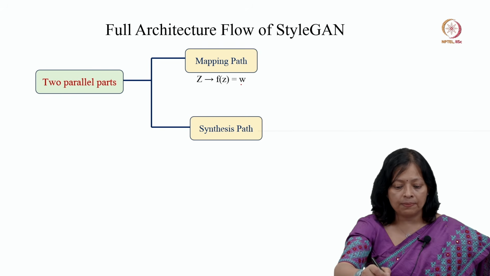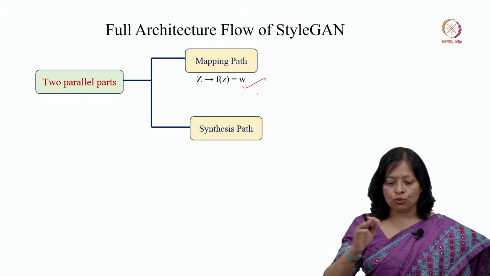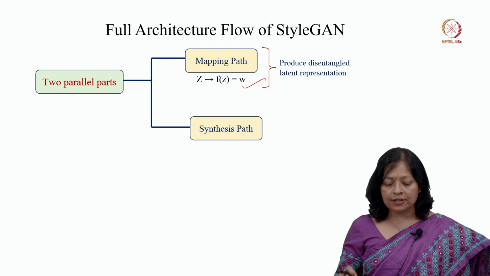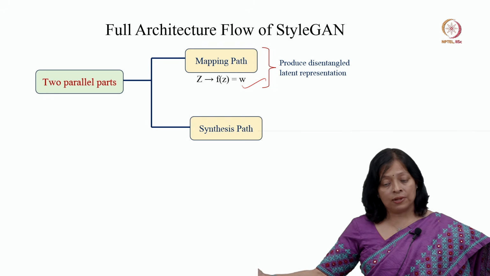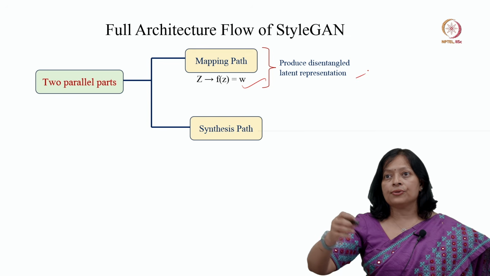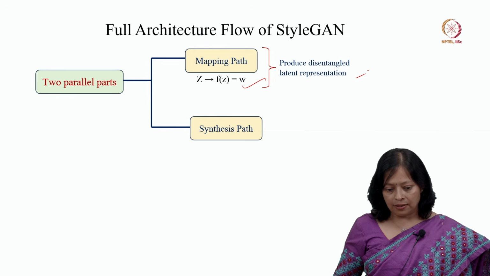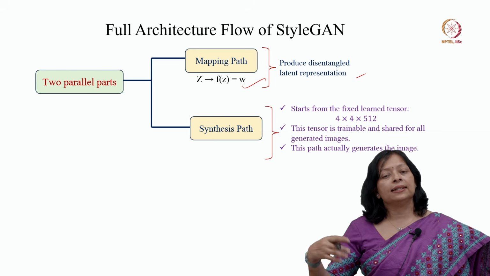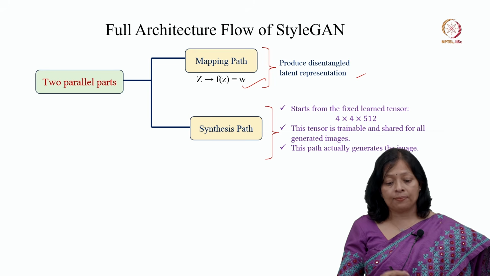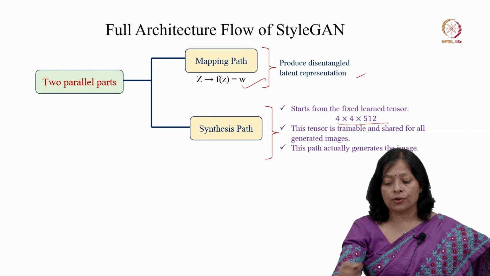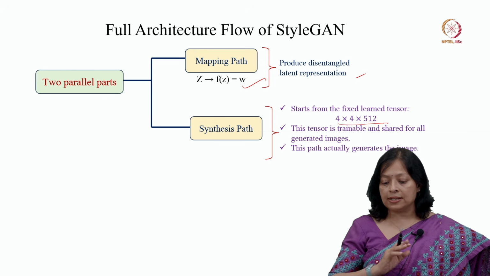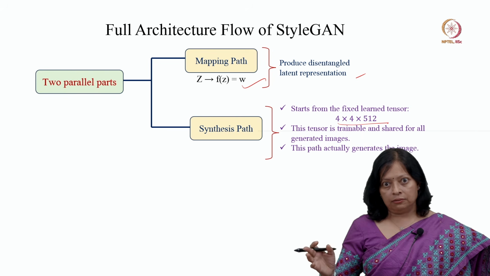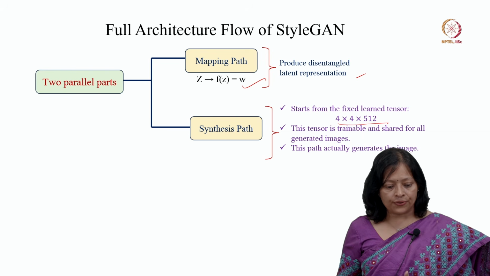The mapping part goes from Z to W and produces a disentangled latent space distribution. The synthesis part is where the image generation happens. It starts from the 4 cross 4 cross 512 tensor, which is trainable, so it gets trained in the process.